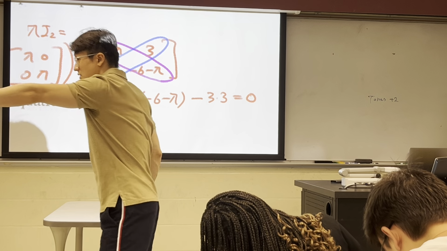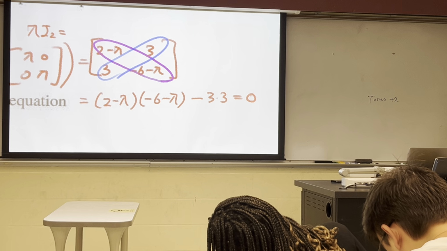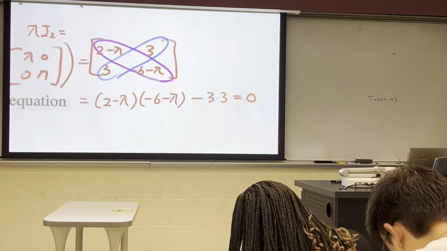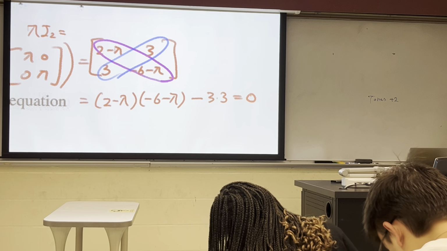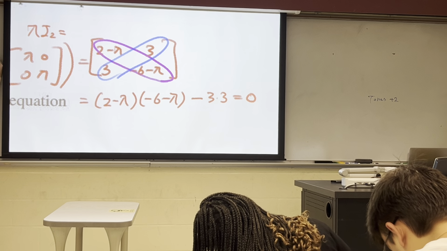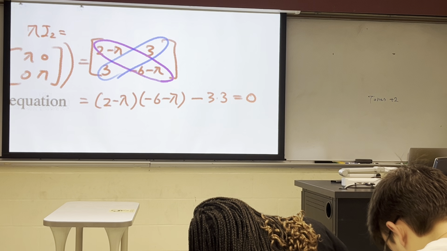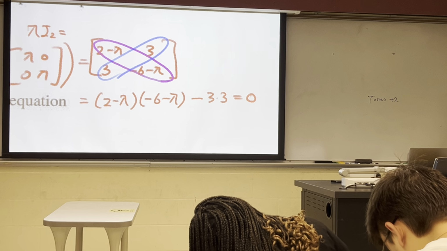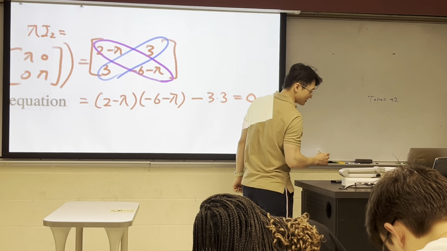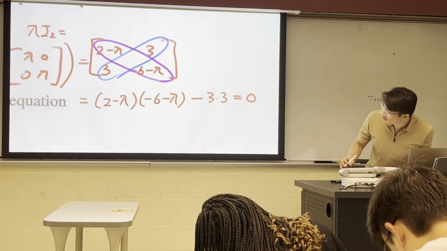So when you solve for lambda, those are the values that A can't be, the eigenvalues for A. Yes, I'll show you. Set it equal to 0.